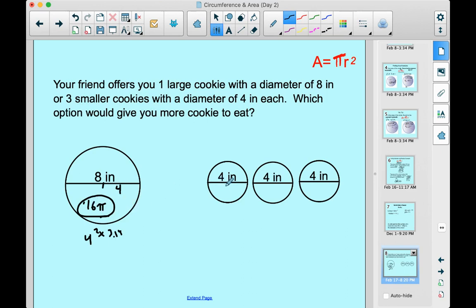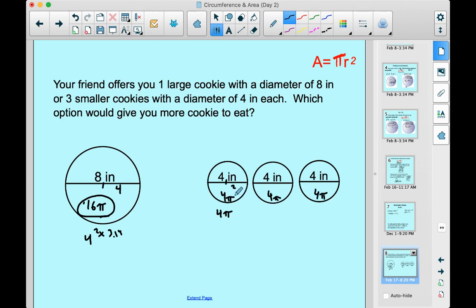If I look at these, each has a diameter of 4, so that's a radius of 2. So the area of one of these would be 2 squared, or 4 times pi. So this is 4 pi, this is 4 pi, and this is 4 pi. So we can treat those kind of like variables, right?